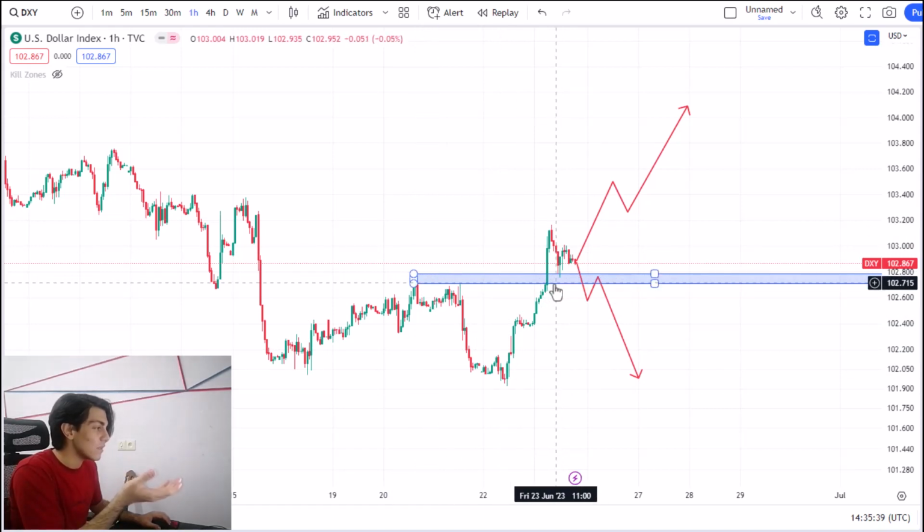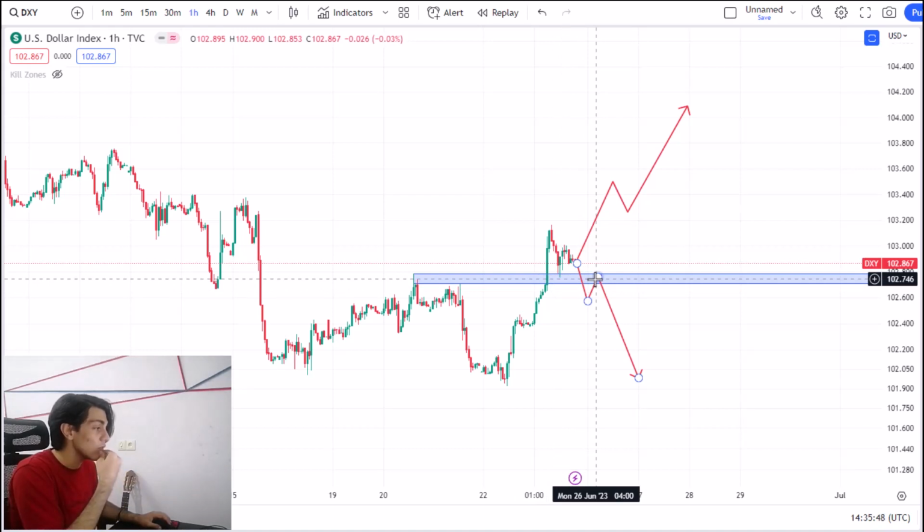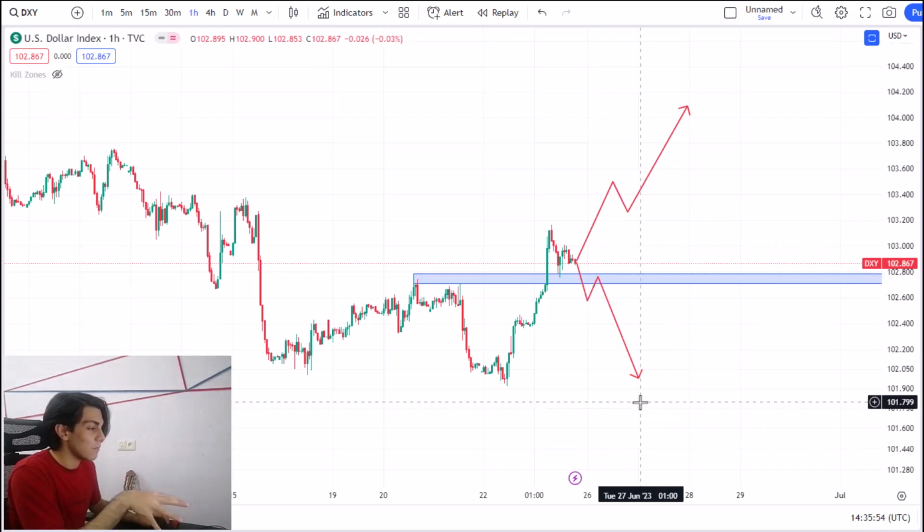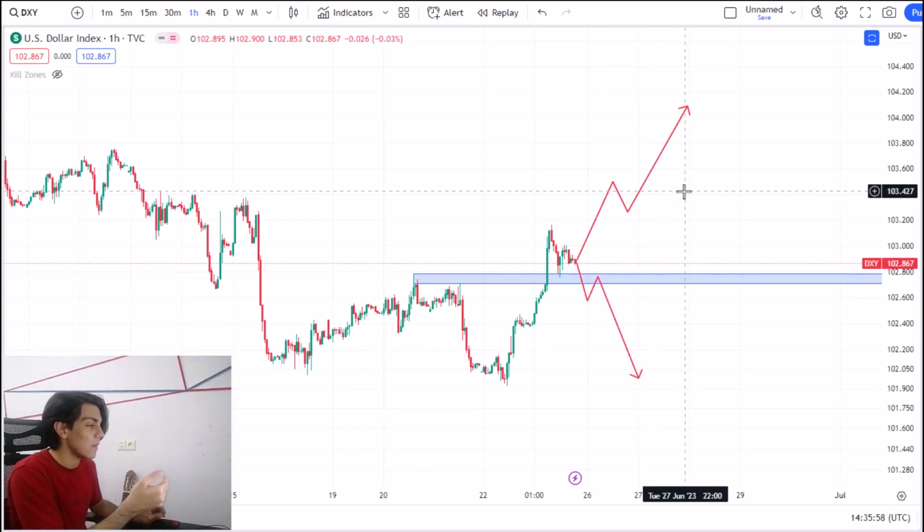If this one is taken out, or if this one is going to be taken out in the future, we will expect the price to fall down a bit more and then start to go up and regain its power.